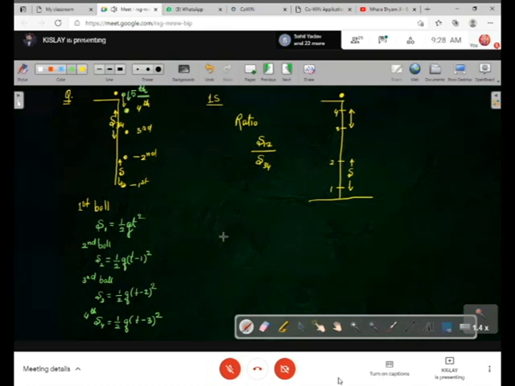This is at 0 second, this is at 1 second, this is at 2 second, 3 second, and 4 second. No, time will be 4 second, because fifth ball is being dropped after 4 second. So time will be 4 second. I hope it is clear to all. If there is any question, just ask the question.